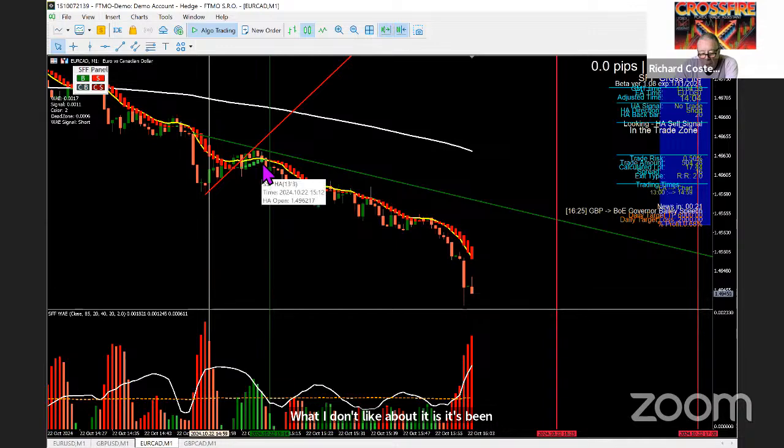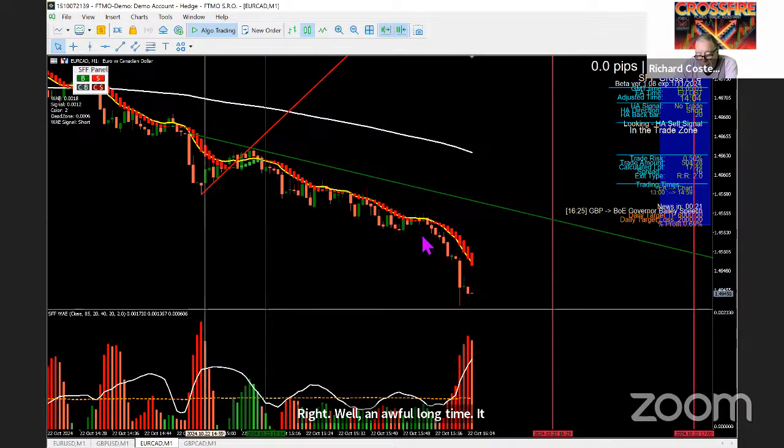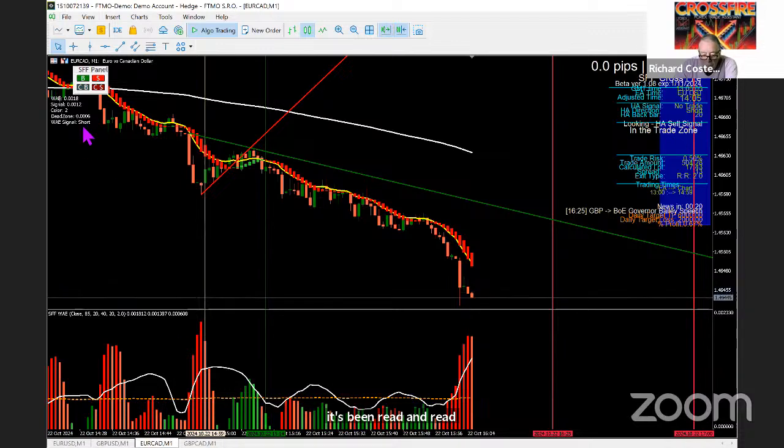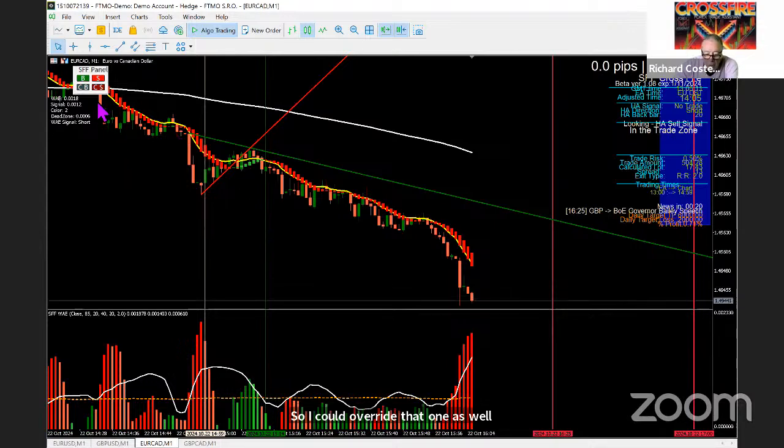It was green back there, it's been red, and the wave ATR is telling me it's short. So I could override that one as well, because the moving average crossover was way back there. But if I wanted to, the wave ATR is telling me to get into a sell.